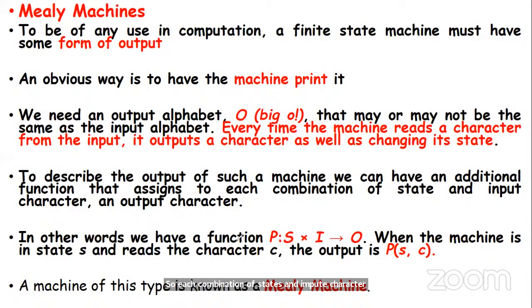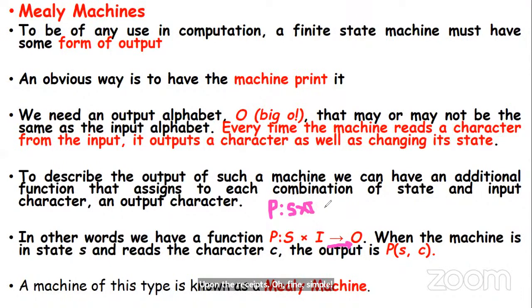In other words, we have a function P. At a state S, which is an element of big S, upon the receipt of an input symbol, you move to another state while sending out an output. The former machine was just: you're at a state, upon the receipt of an input symbol you move to a state.